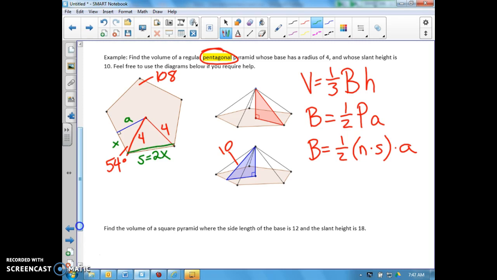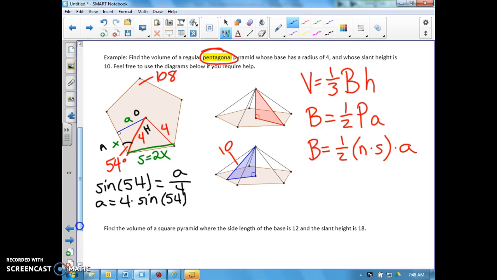So I'm going to use trig and my trig ratios to get that if this is my angle, we have O, A, and H. If I want to get the apothem, I have O and H, so I'm going to use the sine of 54 equals O over H, A over 4, apothem over 4. So my apothem is 4 times the sine of 54.